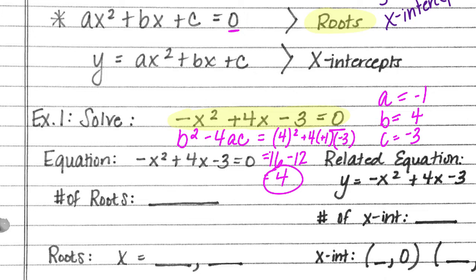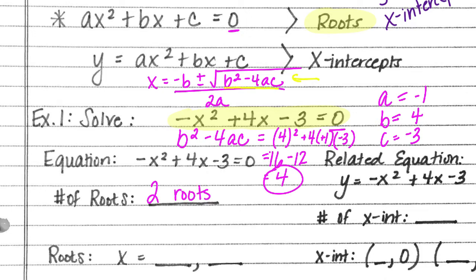So let's think about it. Remember, we have x is equal to opposite b plus or minus square root b squared minus 4ac all over 2a. If this discriminant is a positive number, there will be 2 roots.